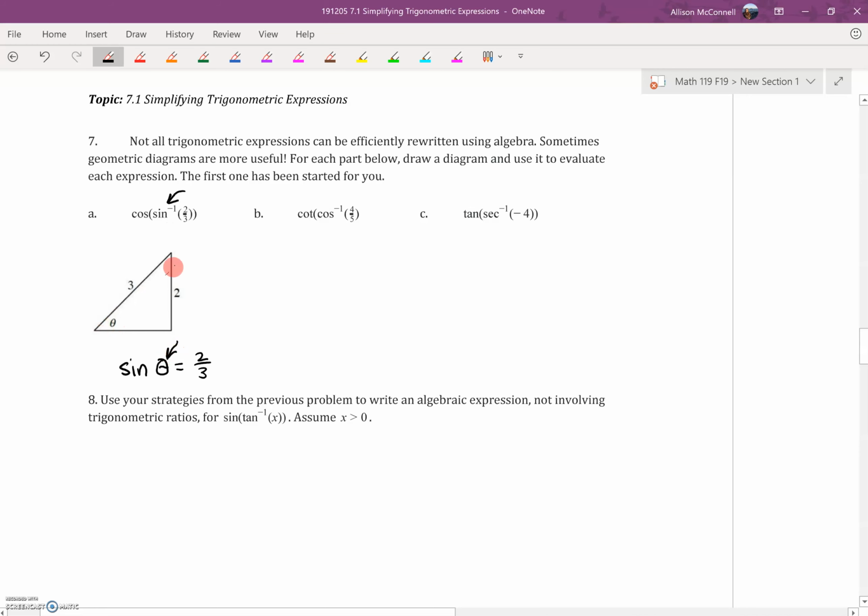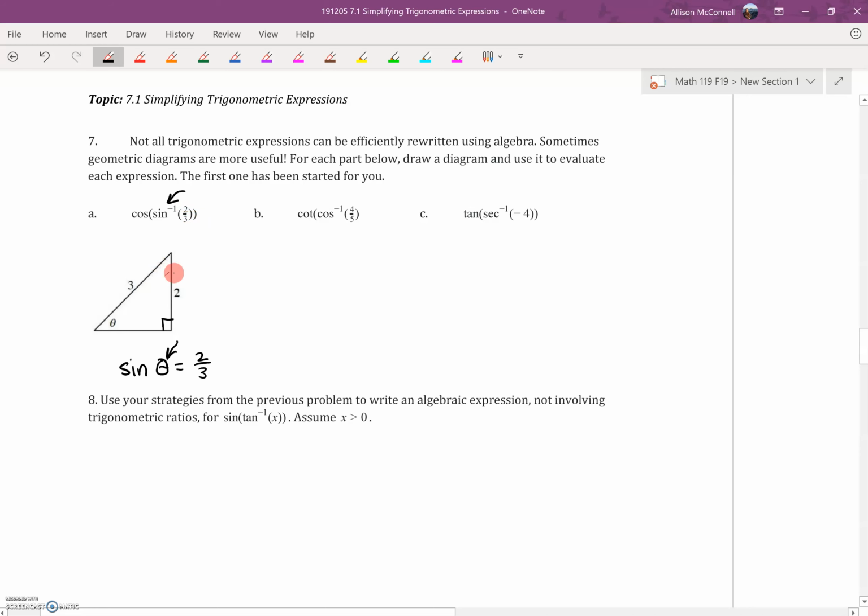And so what you have here is some right triangle with a reference angle of theta. And you know that according to that reference angle of theta, the opposite side and the hypotenuse will have a ratio of 2/3.